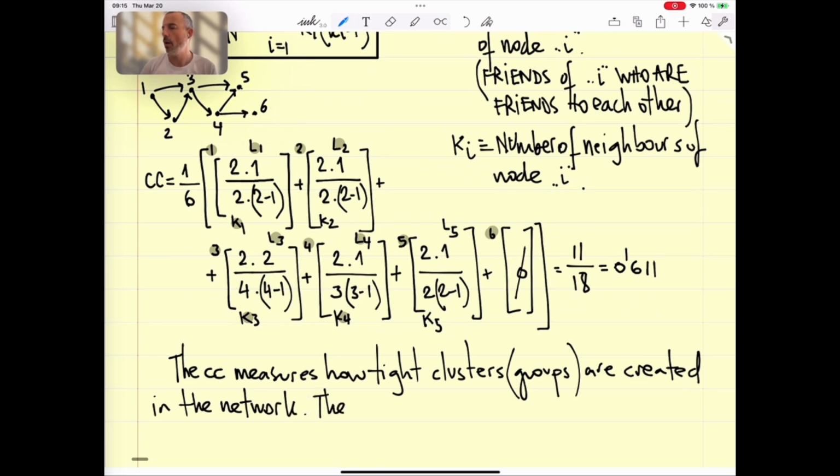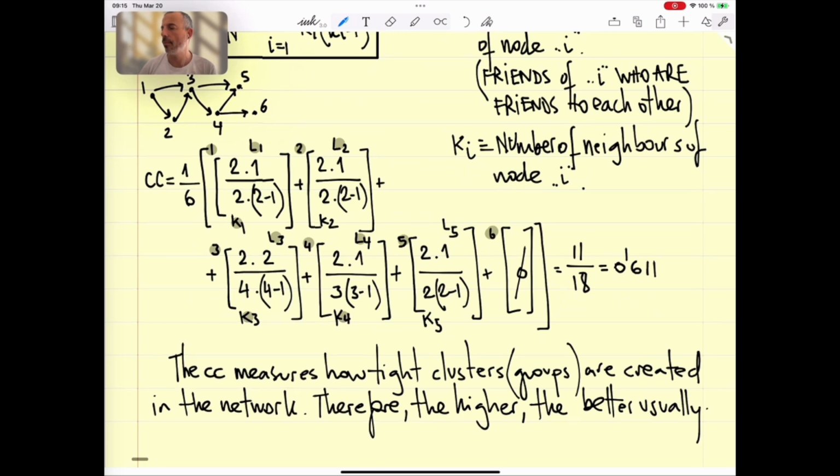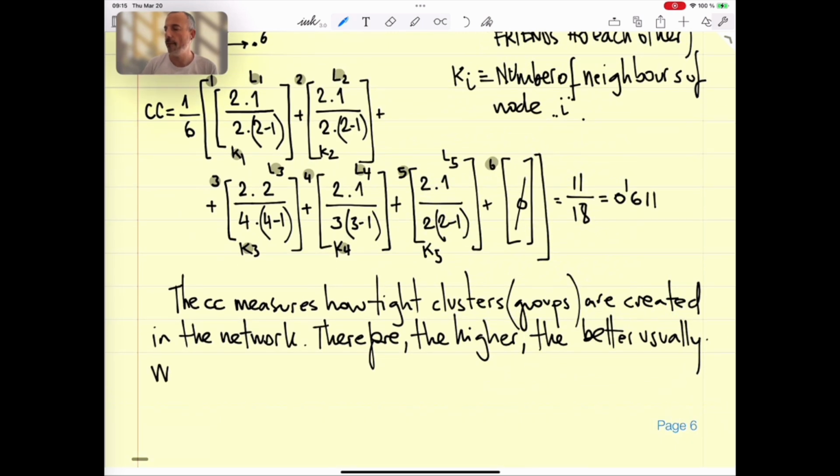Therefore, the higher, the better usually. So we seek maximization of the clustering coefficient.